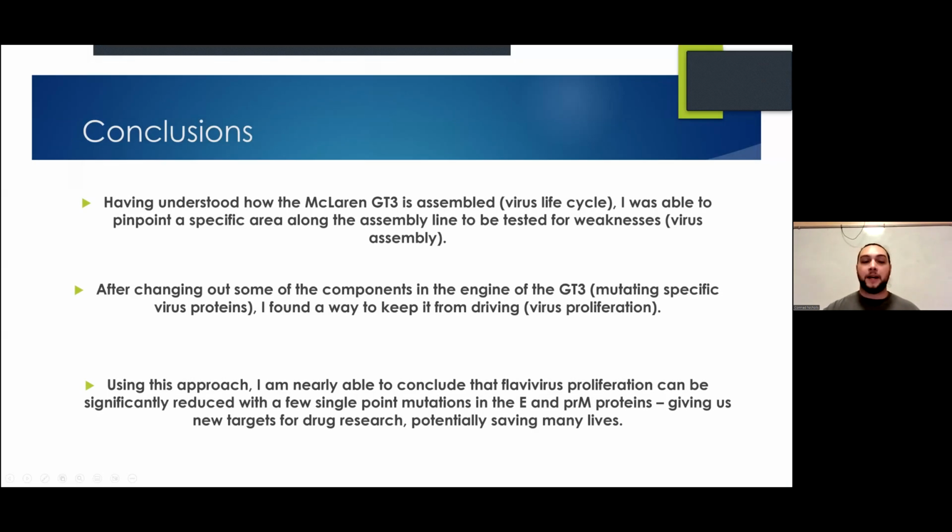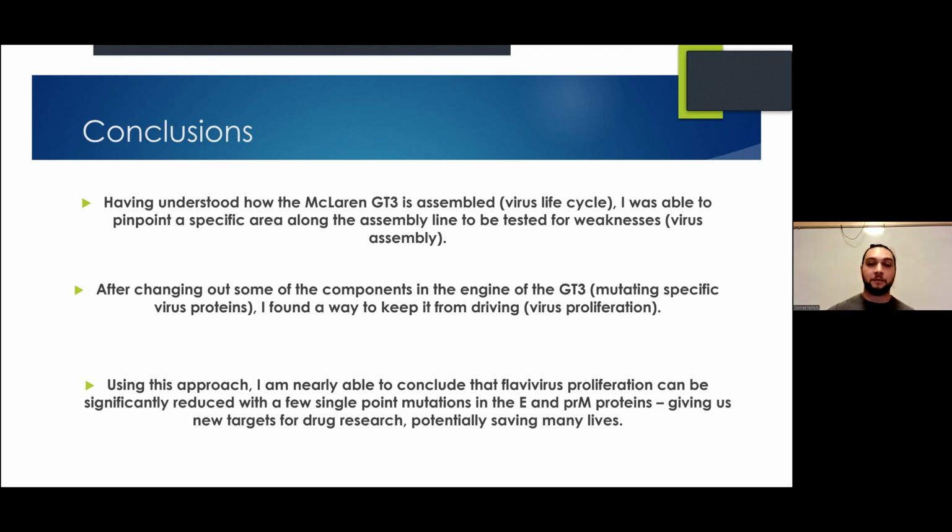What I have is that, okay, having understood now, going back to this car analogy, how my McLaren GT3 is assembled, understanding its virus life cycle, I was able to pinpoint a specific area along the assembly line to be tested for weaknesses, virus assembly. I then, after changing out some of the components in the engine, mutating specific residues, I found a way to keep it from driving.